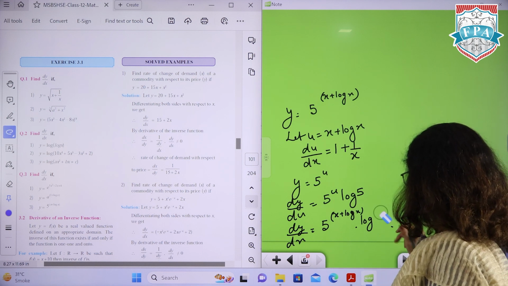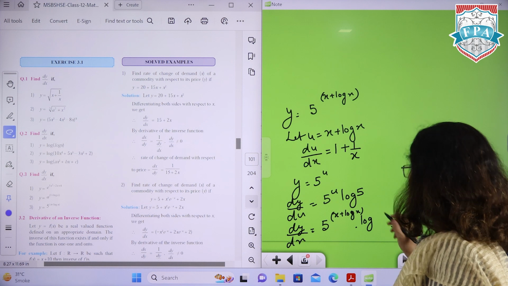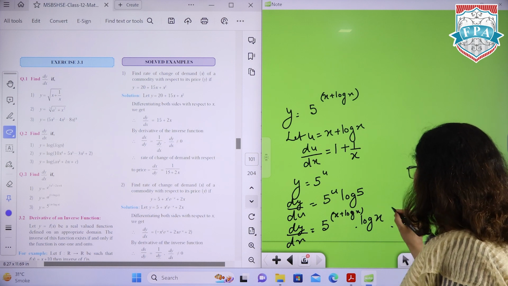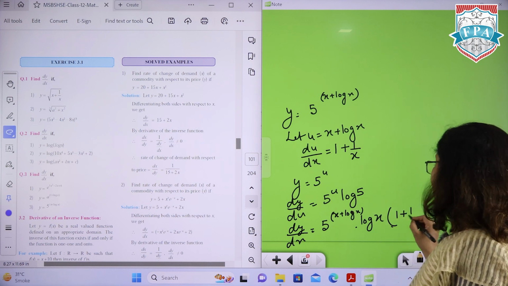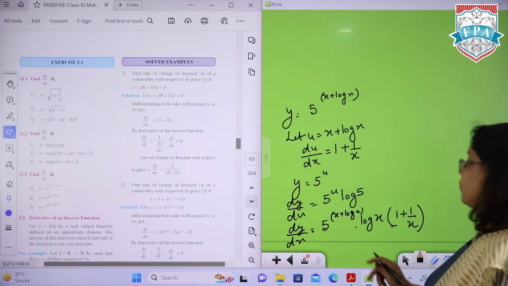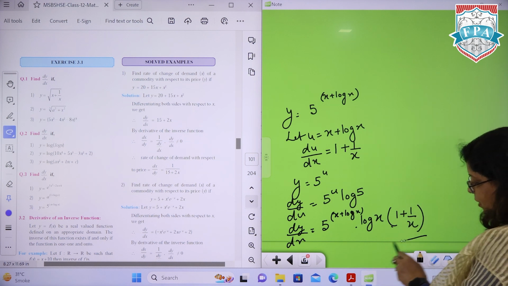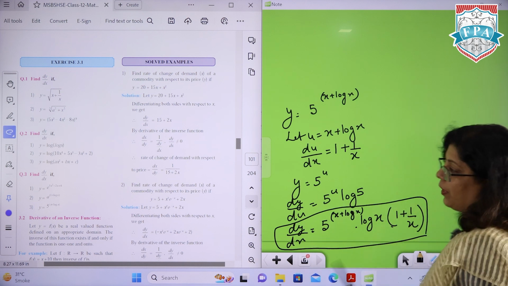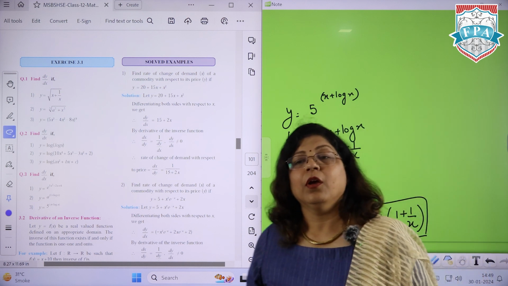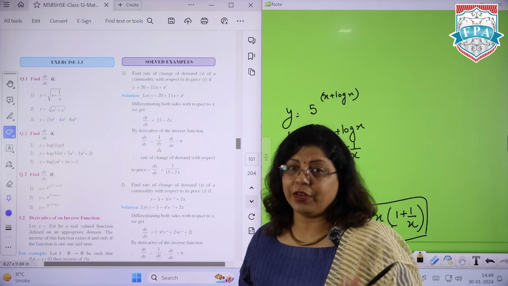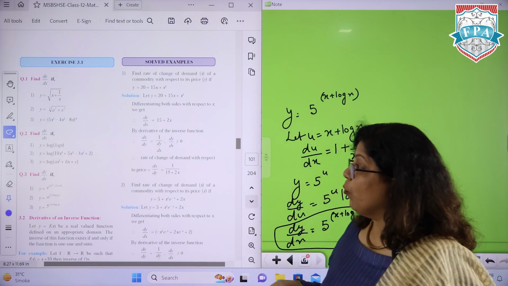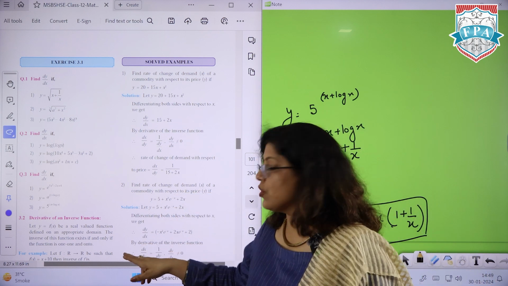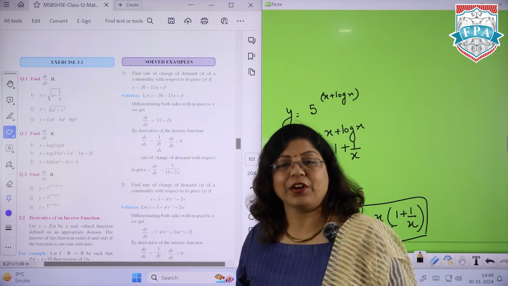Don't use the multiplication sign, better to use brackets. This will be your final answer. So whichever way is comfortable for you in this composite form, whether going with u or direct, you can follow that. Now let me move to another kind of question which is dealing with inverse function.